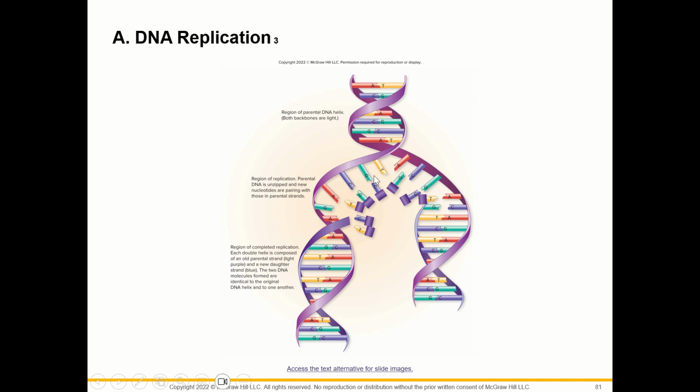And then we see the region of replication. The parental DNA is unzipped by the helicase, and new nucleotides are pairing with those in the parental strands. So then the region of completed replication, each double helix is composed of an old parental strand, light purple, and a new daughter strand in blue.